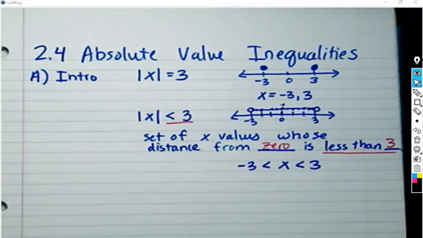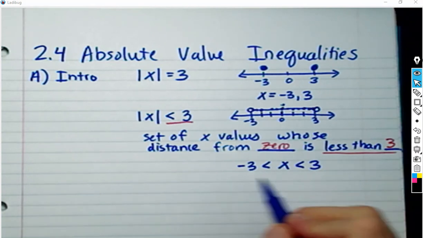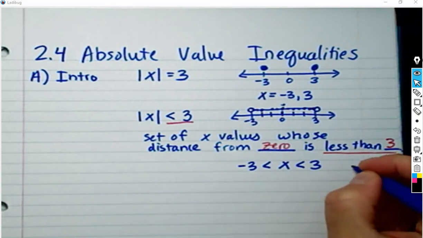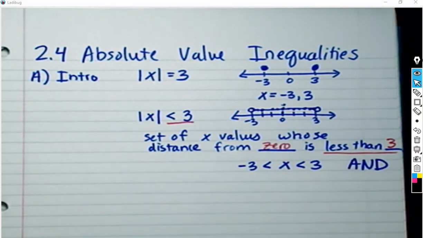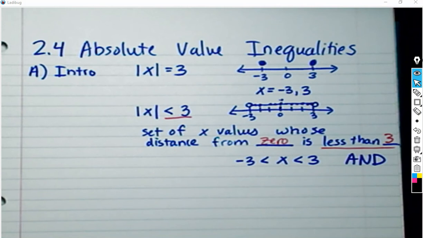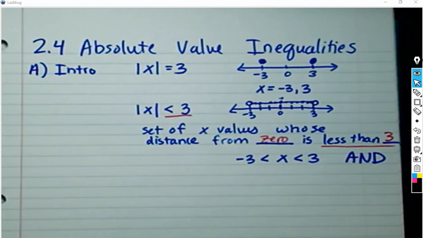If you want your distance to be less than, you better go towards the center. Now, this is a 3-part inequality. I'm going to put the word and, because we know what and means. It means intersection, overlapping.